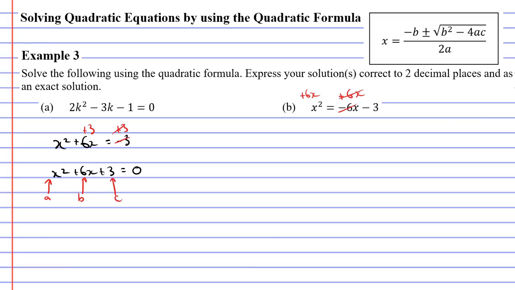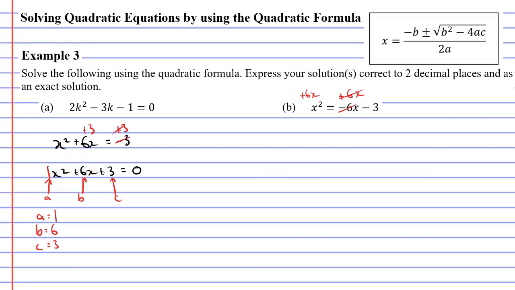So we really want it in that order where we get our a, then b, then c. Now if b is 6 and c is 3, what does a equal? Well, you might remember when there's no number there, technically it's a 1. So a must equal 1.